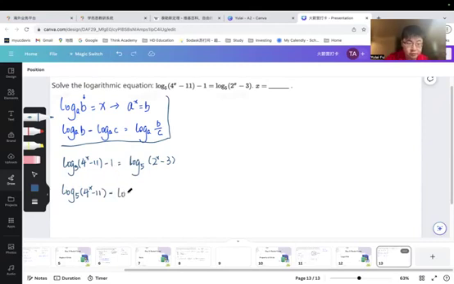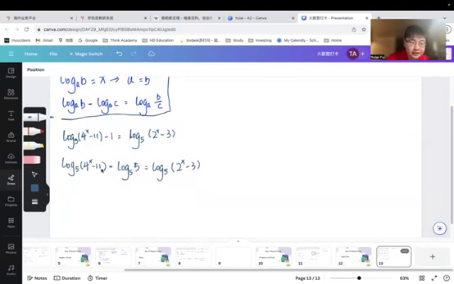How do we change 1 into log base 5? 5 to the power of 1 is just 5, so 1 can be written as log base 5 of 5. Then you can combine these two logs and you will have a function like this.